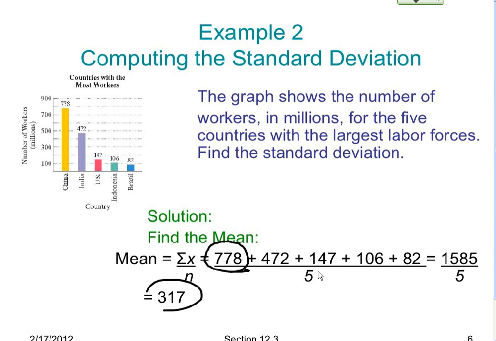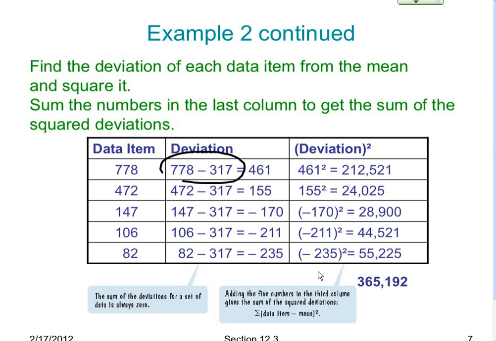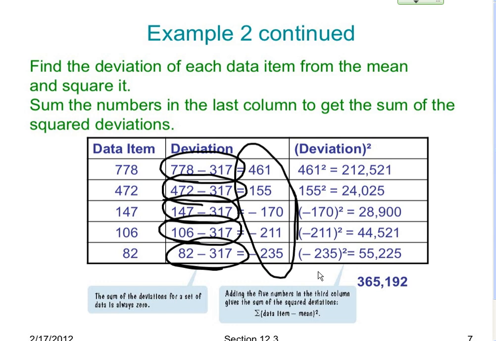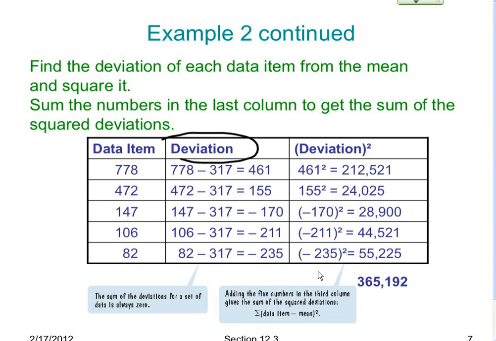I'm subtracting the mean from each one of these numbers. This is what I get when I subtract. This is called the deviation, not the standard deviation. It's not the number I'm looking for.